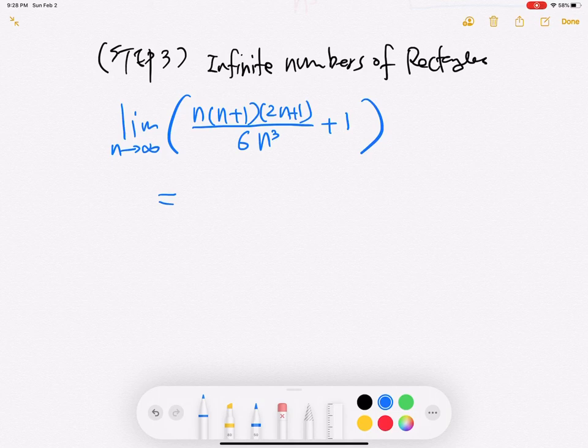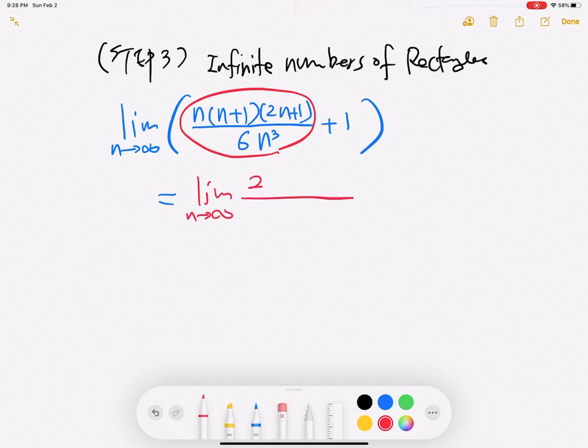The first part is an infinity form. It's going to be the limit as n approaches infinity of 2n cubed plus something, and I don't care about the other part, over 6n cubed. And then plus 1. The 1 doesn't increase with n, so 1 is 1.